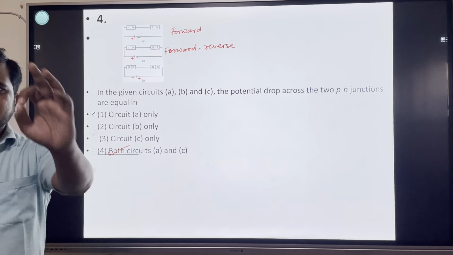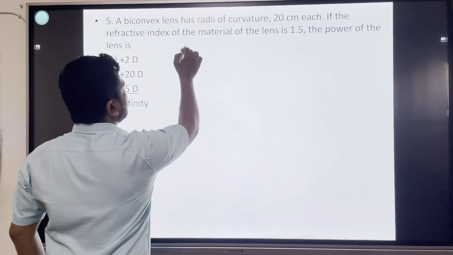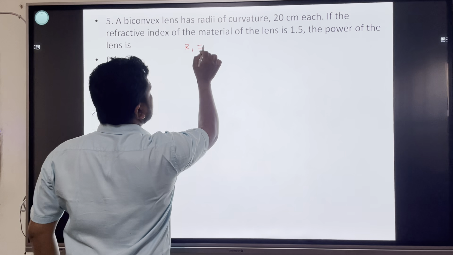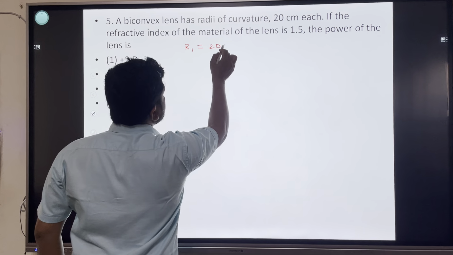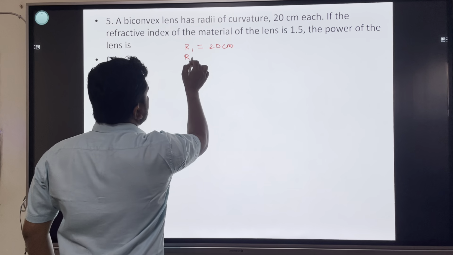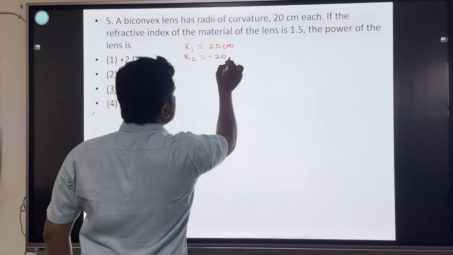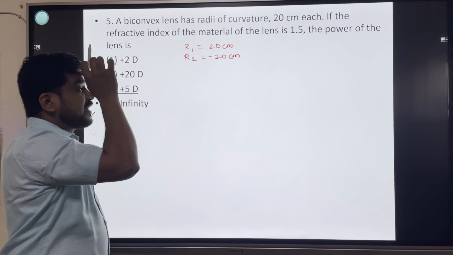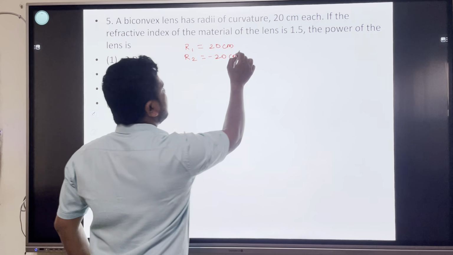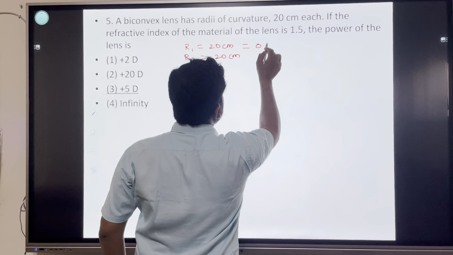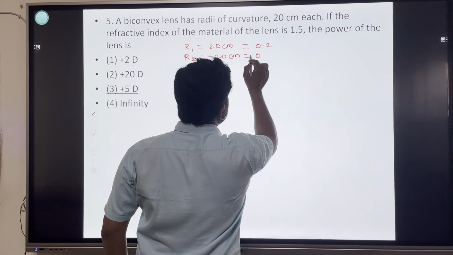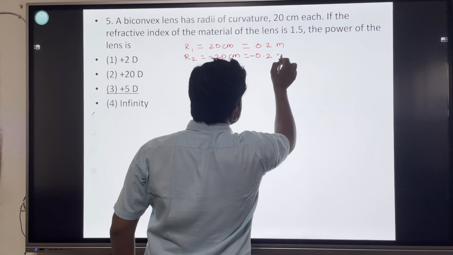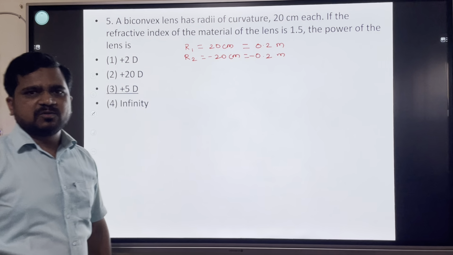Okay, next one. A biconvex lens has a radius of curvature. Biconvex, double convex lens. R1 is 20 centimeter, and according to the sign rules R2, the second radius, should be minus 20 centimeter. Convert to meters: 20 centimeter divided by 100 is 0.2 meter.